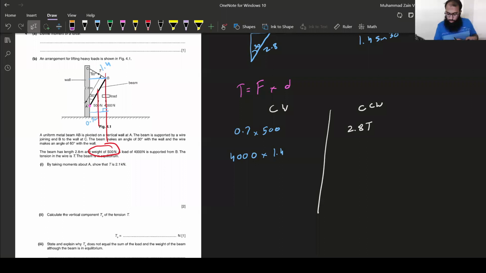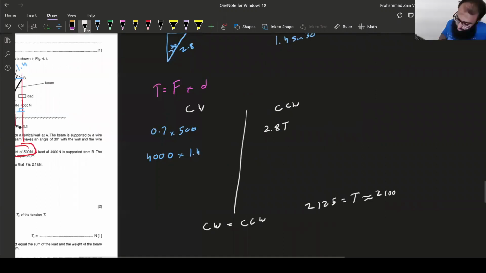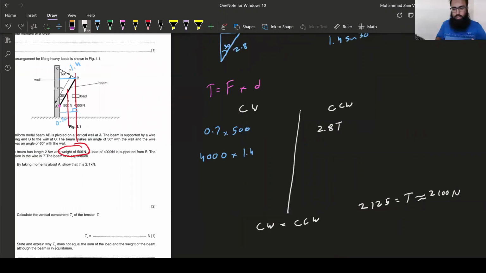I divide it by 2.8, and obviously I get an answer. When I equate both moments, clockwise moment equals counterclockwise moment, I get 2125 equals 3. So, which is approximately equal to 2100 Newton, which is 2100 kilonewtons. So that's how you'll do this question.